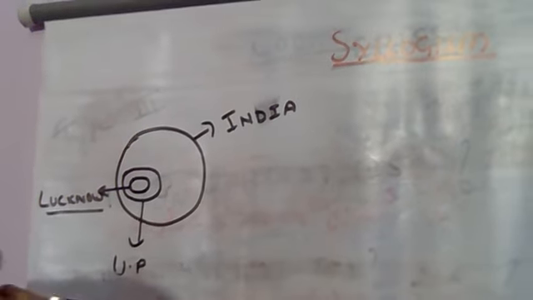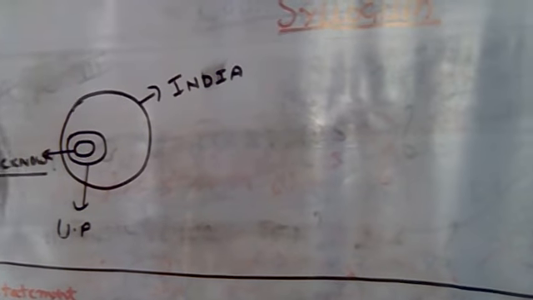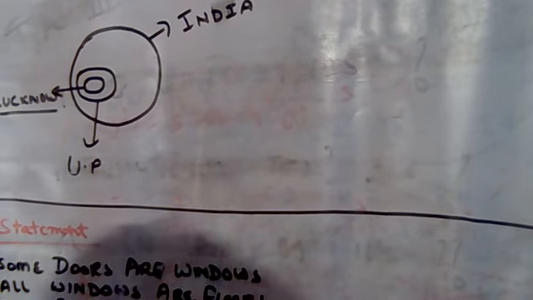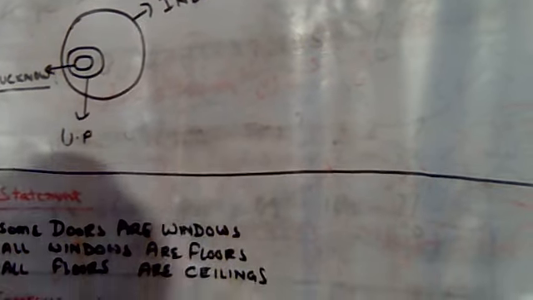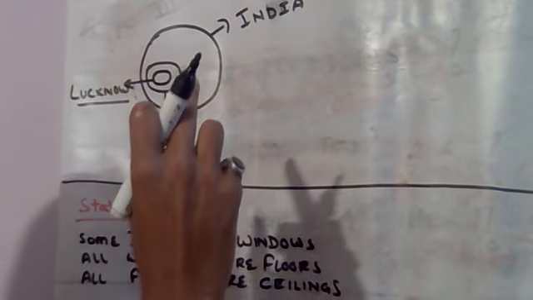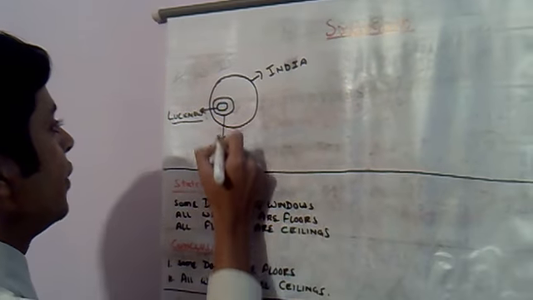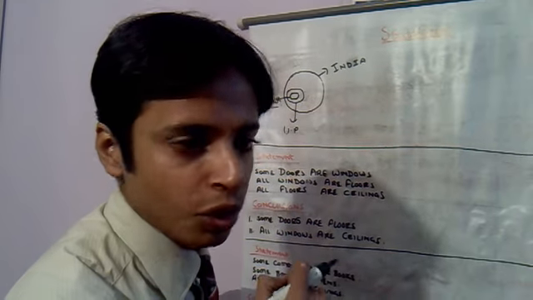This big circle is India. Now, if I say UP, that is Uttar Pradesh, it's a state of India, so it will find a place inside this circle. So here is UP, the second bigger circle.